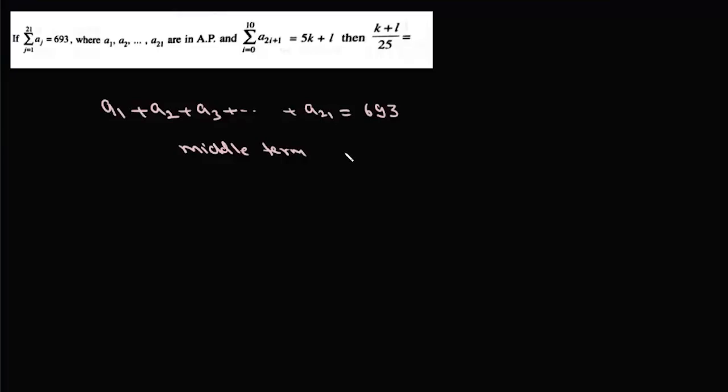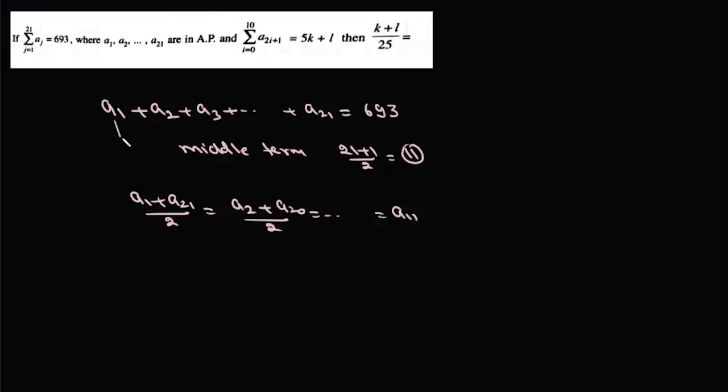Now we also know that its middle term will be 21 plus 1 divided by 2, and that is the 11th term. So A1 plus A21 by 2 equals A2 plus A20 by 2, and it will be equal to A11. We can make these pairs.